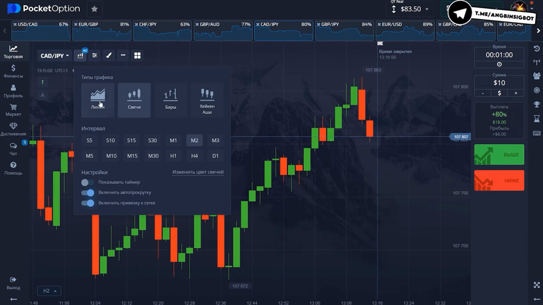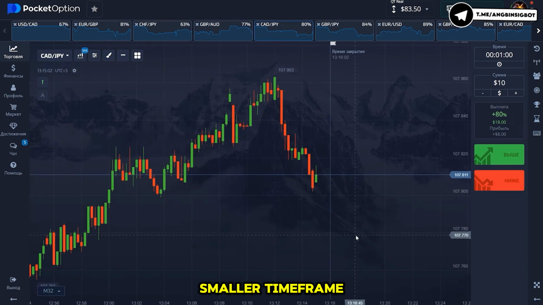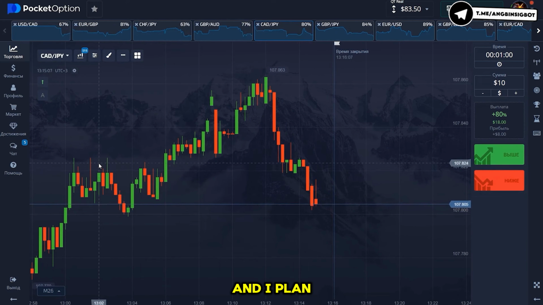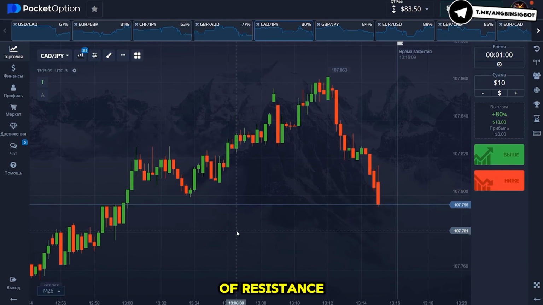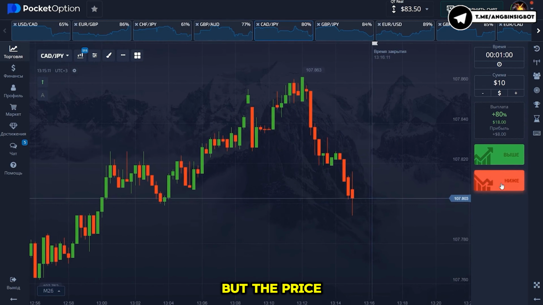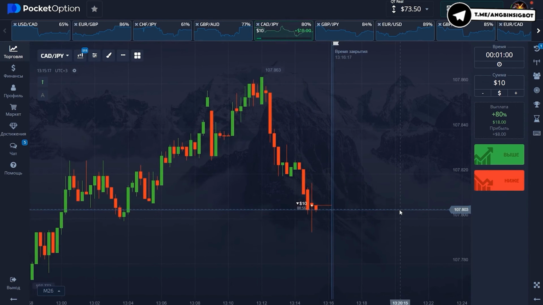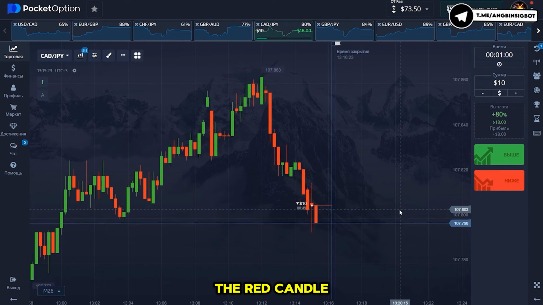For this, I switch to a smaller time frame, specifically 15 seconds, and I plan to enter from our local level of resistance. But the price breaks through the level, and I plan to enter right now. The price has gone up a bit, so I place the trade on the red candle.